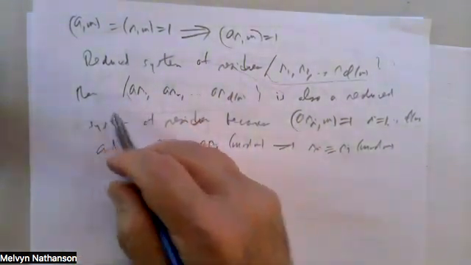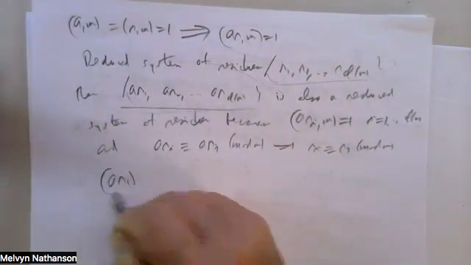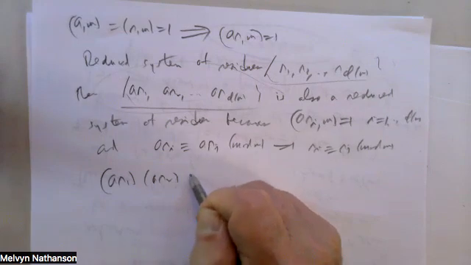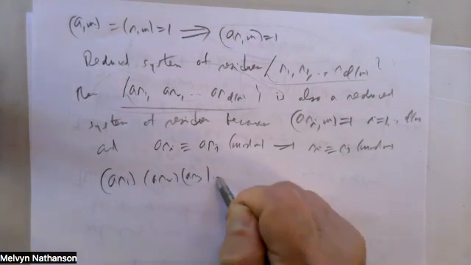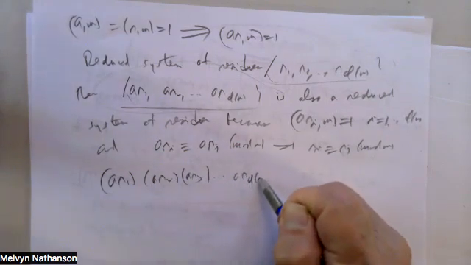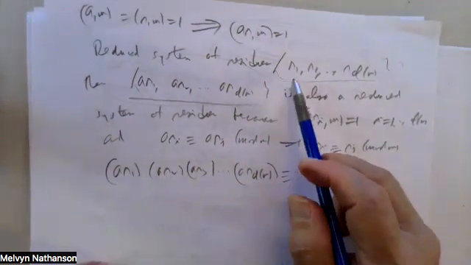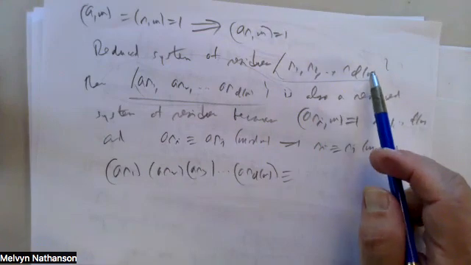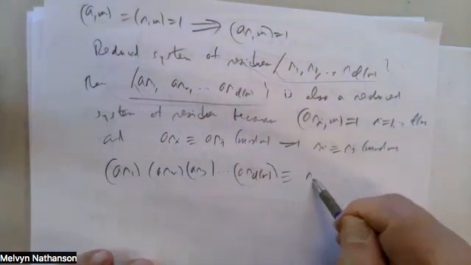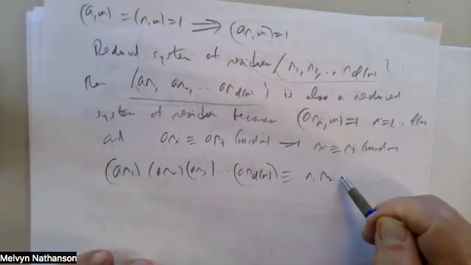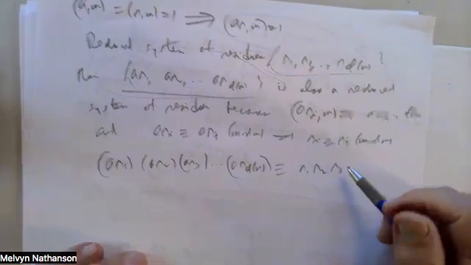So therefore, if you multiply these numbers together, AR1, AR2, AR3, up to AR phi of M, these numbers are congruent to these numbers in some other order probably, but the product doesn't care about order.